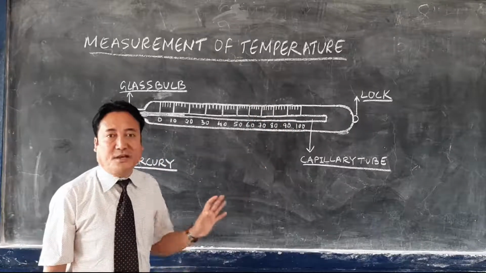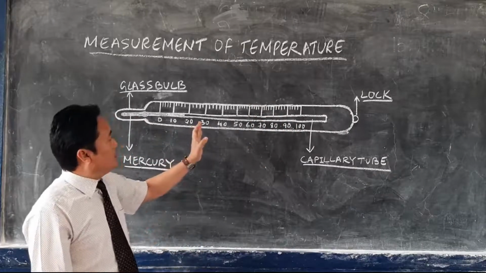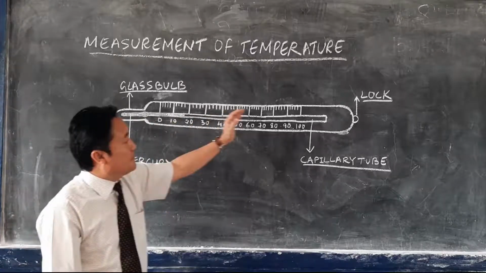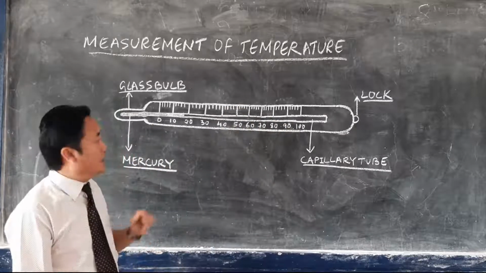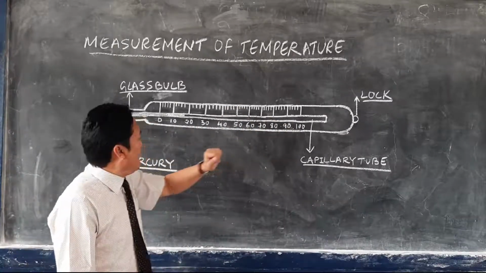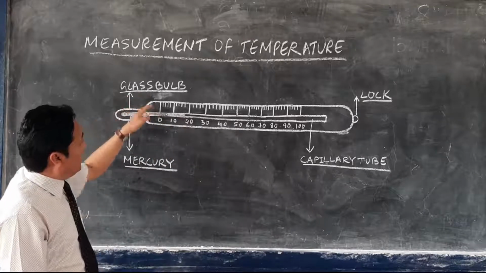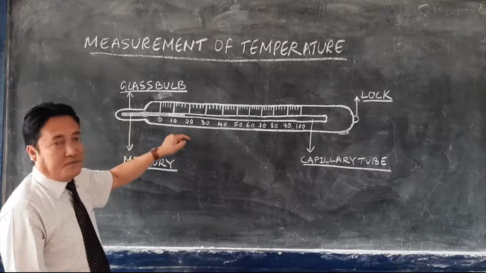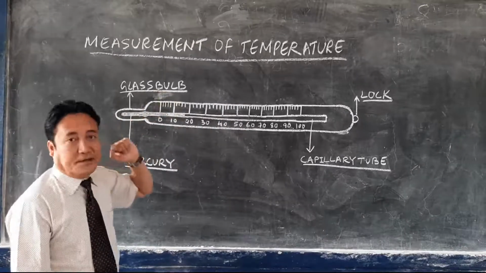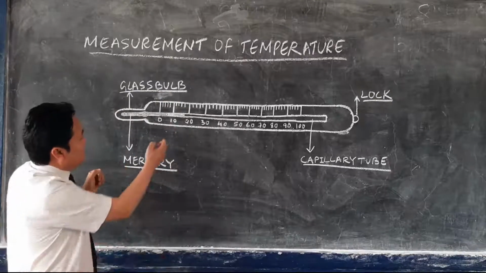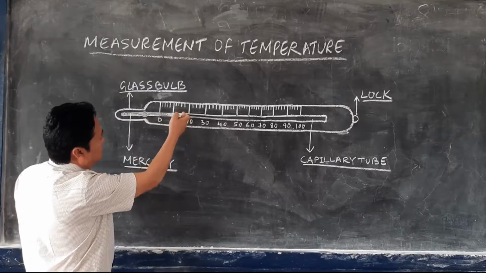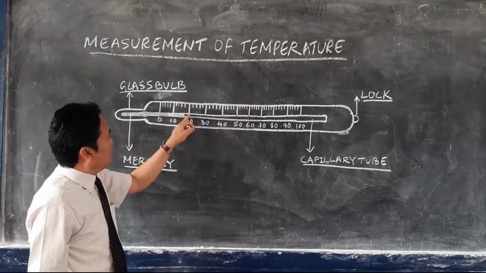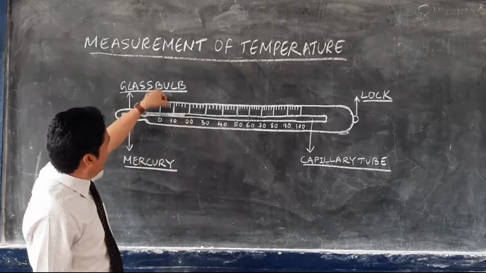This mark has a scale here, starting from 0 to 100. Whatever level of mercury rises inside the capillary tube will give the temperature. You can see here the level of the mercury is just above 10, and it is just below 20. So you can say here that it is 10.